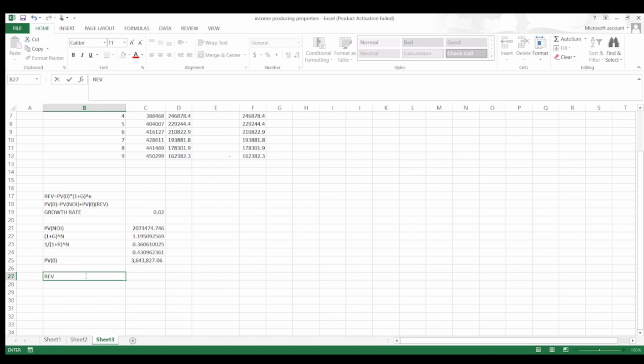We can then calculate the reversionary value at year 9 by simply taking the present value multiplied by 1 plus our growth rate, all raised to 9. Now this is our new reversionary value.